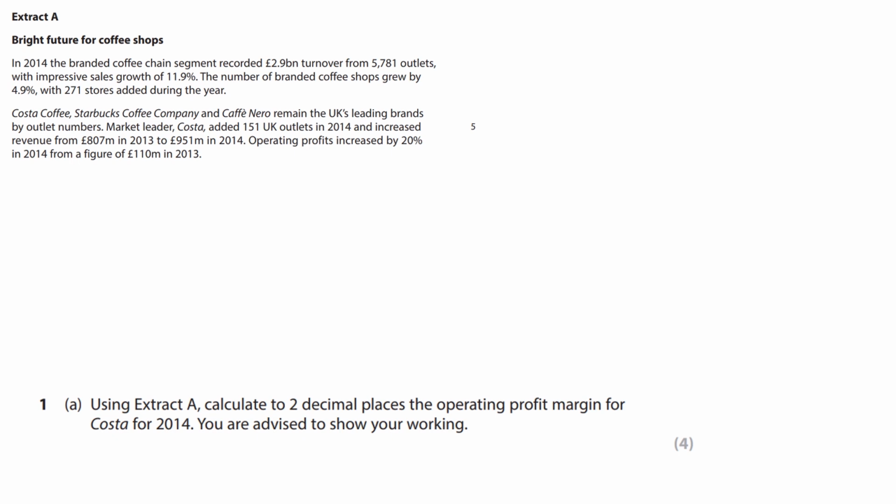Bright future for coffee shops. In 2014, the branded coffee chain segment recorded 2.9 billion turnover from 5,781 outlets, with impressive sales growth of 11.9%. The number of branded coffee shops grew by 4.9%, with 271 stores added during the year.